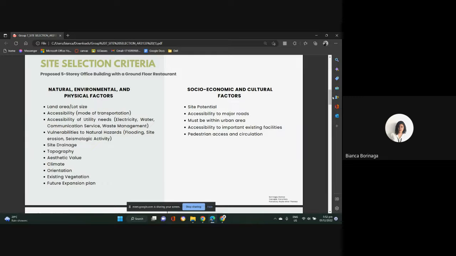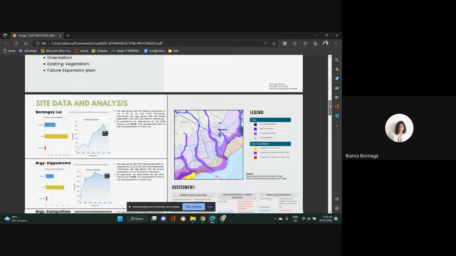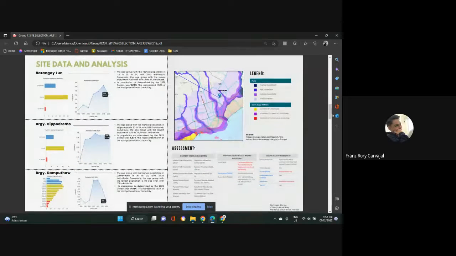Then under socioeconomic and cultural factors, it is mainly about user circulation, safety and social standing, such as accessibility to important existing facilities and business districts, and also pedestrian access. For our site data and analysis, we related this to our objectives and requirements, so it is easier to grade the three sites.